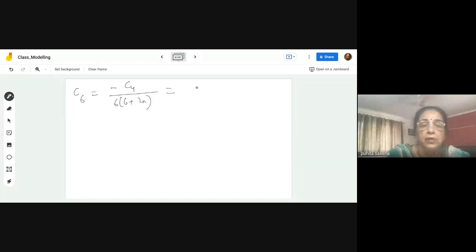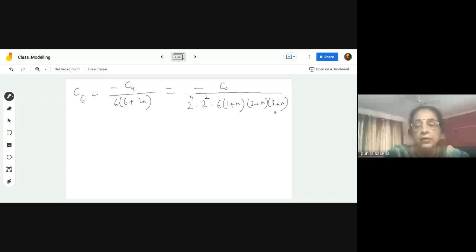Which will be minus C naught upon, अब मैंने वहाँ क्या लिख दिया उसको? 2 to the power 4 into 2 into 6, right? अब उसका चल रहा है हमारे पास 1 plus n, 2 plus n. अब यहाँ से अगर हम 2 दोबारा से कॉमन ले लें तो I can write it as 2 square into 3 plus n.